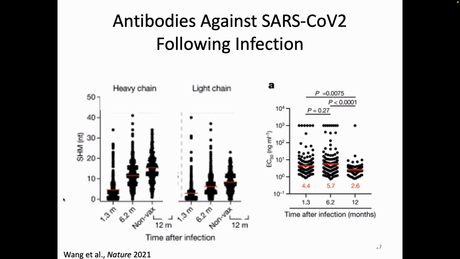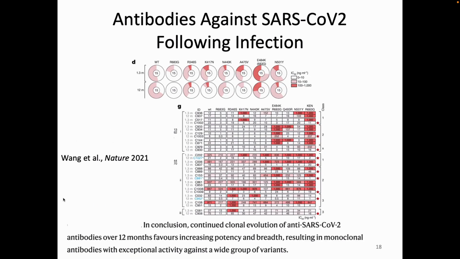These data are a little bit tricky to look at. I'm going to try to walk you through these data. Here they're looking at pairs of antibodies from different patients. Basically, they're showing you how much antibody is required to act against different versions of the virus. So this is saying, do the antibodies work against variants?